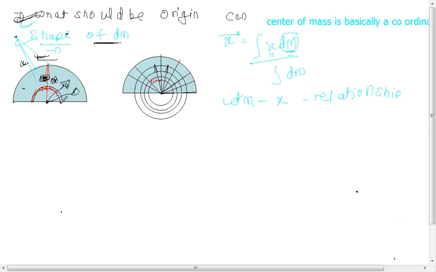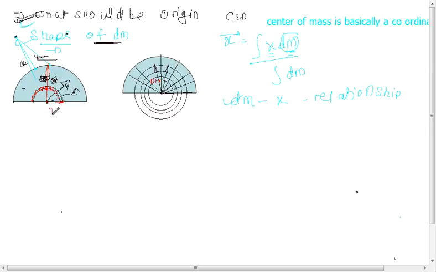Okay guys, we know the center of mass of this circular ring is at this point. If this length is capital R, then this length is a small r.